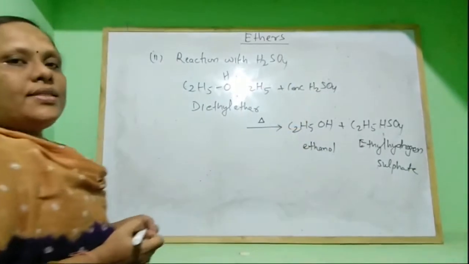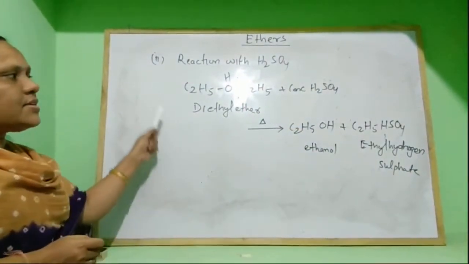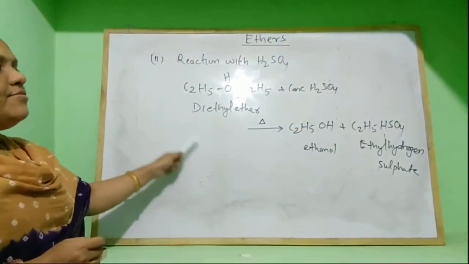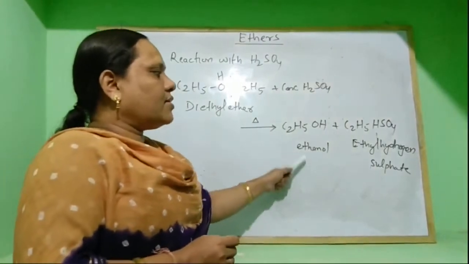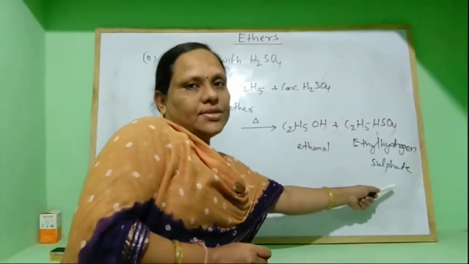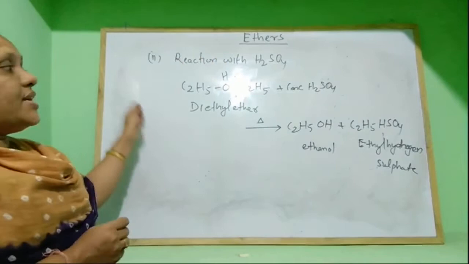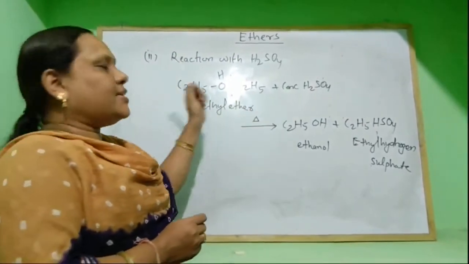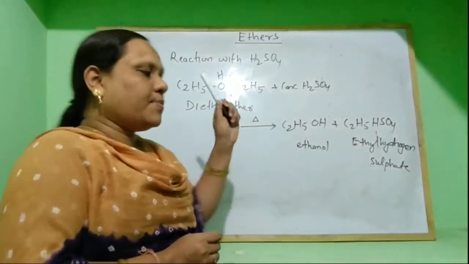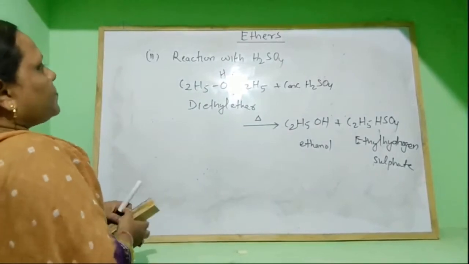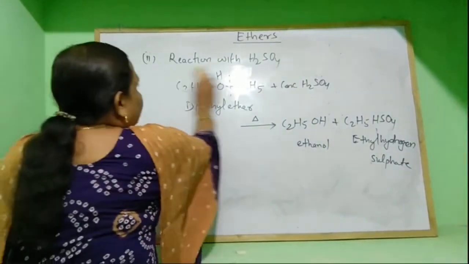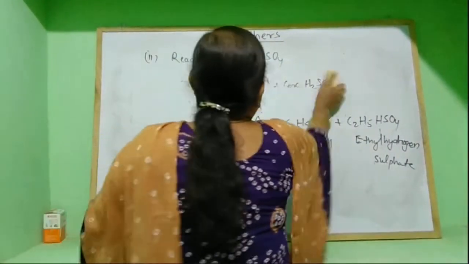So when ether is heated with concentrated sulfuric acid, it forms a mixture of ethanol and ethyl hydrogen sulfate. But if you take dilute sulfuric acid, then it forms only alcohol. Okay. Next, another reaction, with phosphorus pentachloride.